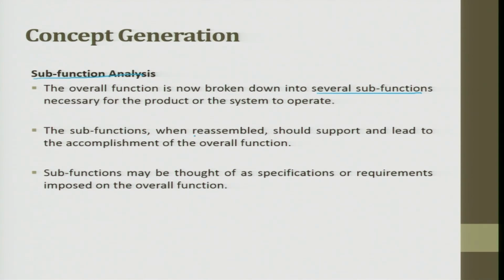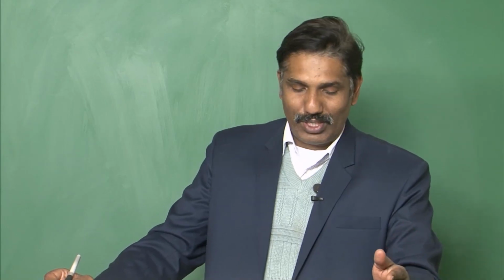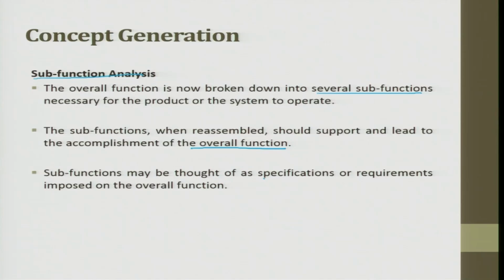The sub functions, when reassembled, should support and lead to the accomplishment of the overall function. The sub function should not dictate, and should not be independent. The success of a sub function should lead to the success of the overall function. Sub functions may be thought of as a specification or requirements imposed on the overall function. This is also very important.